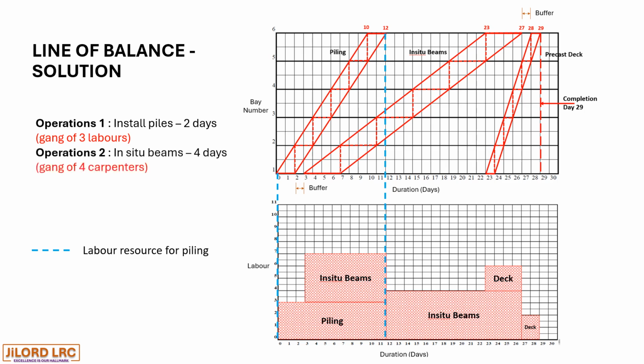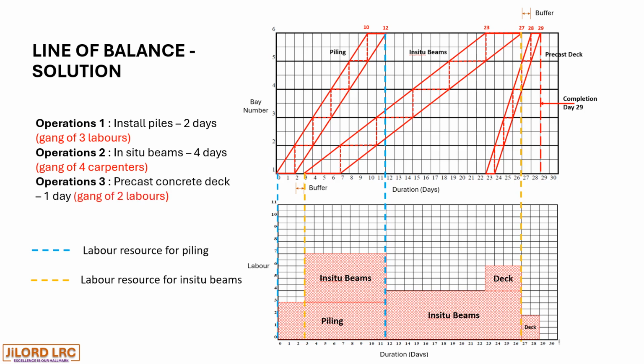Then we have operation 2, which was carried out 4 days each for the 6 bays, also represented in orange color, starting from day 3 to day 27 for the operation. And when we look at the labor histogram, we see the extent to which it has reached.